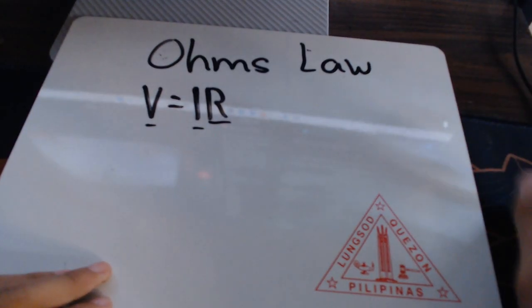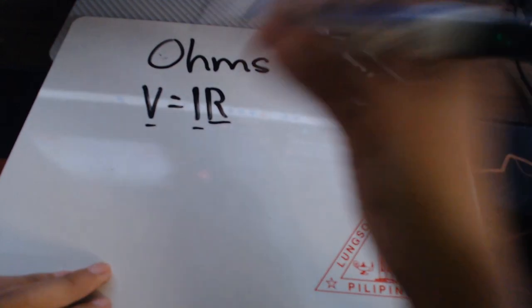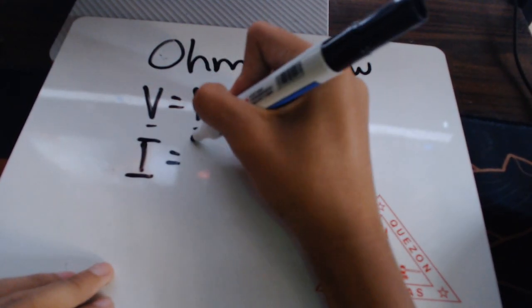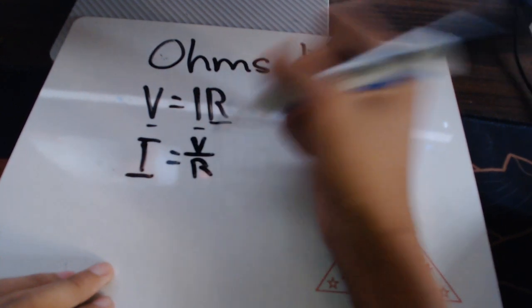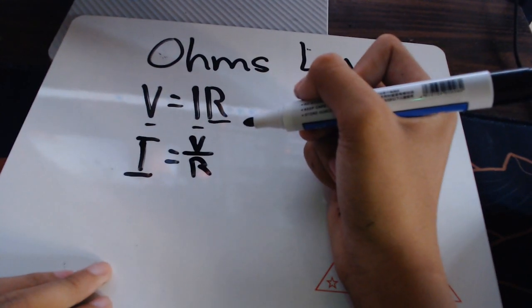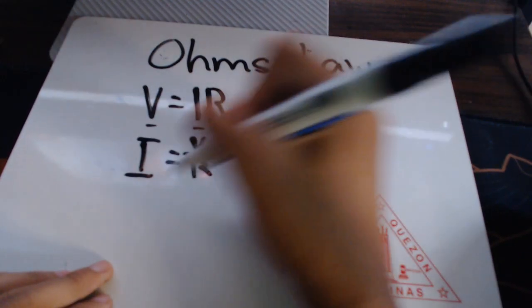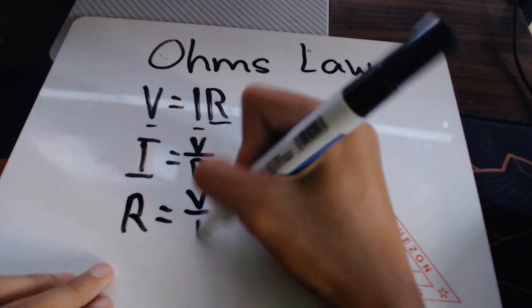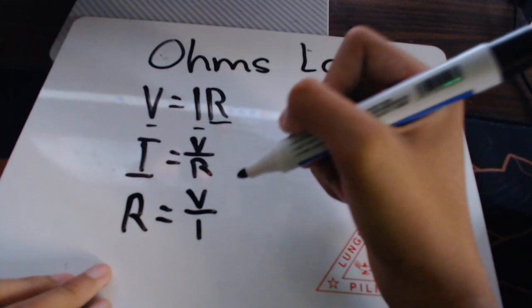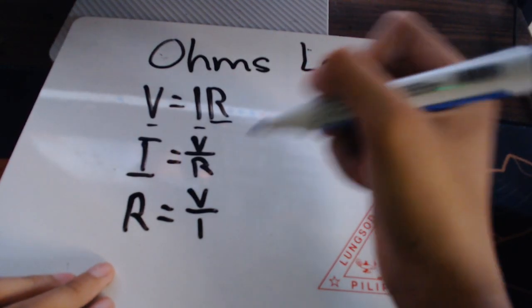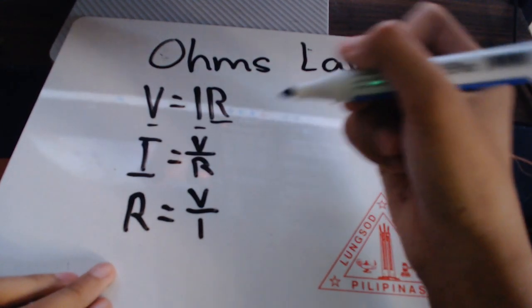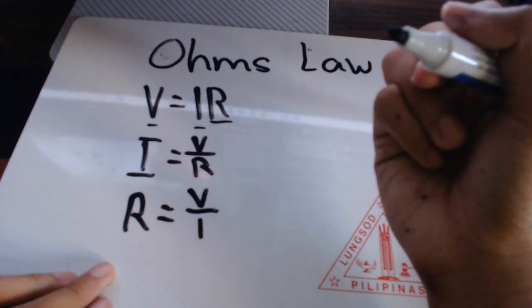Now, if you want to find the current, this is the formula. And now, if you want to find the resistance, here is the formula. This is important in finding the voltage, the current, or the resistance of each one of the resistors.